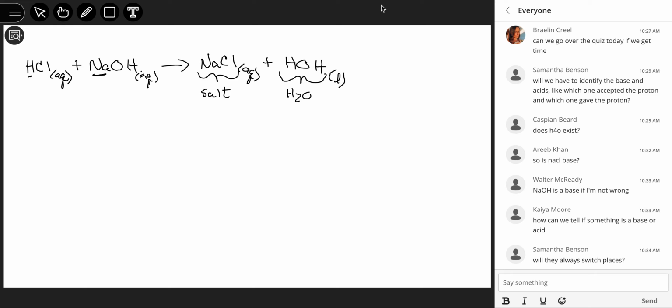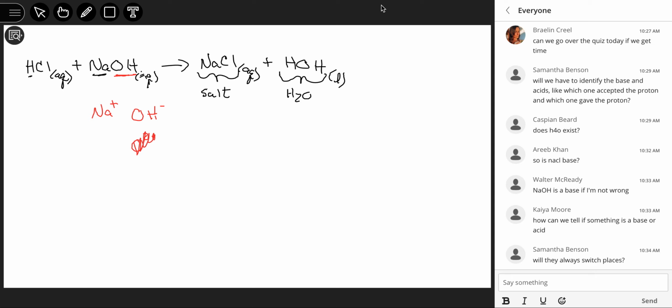Now, looking at these things to see which one has a hydrogen to donate, this one doesn't, because if we look at what it breaks up into, it has an Na plus and an OH minus. So if it donated the hydrogen, then it would just be O2 minus, and then that is going too far, right? It's not actually going to do that. It's not going to break up into its elements.